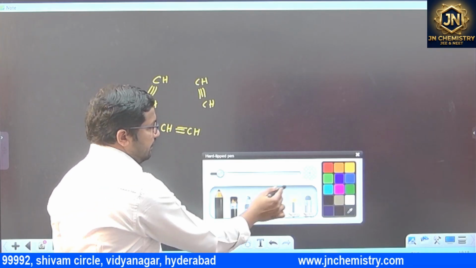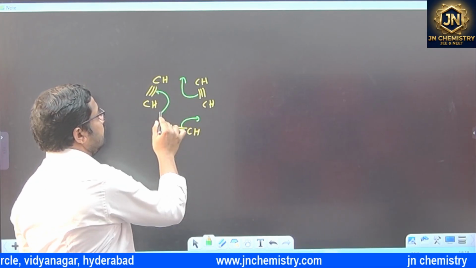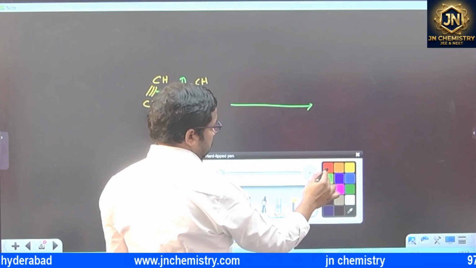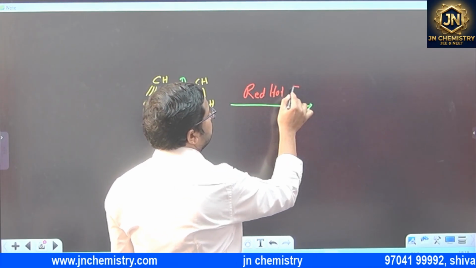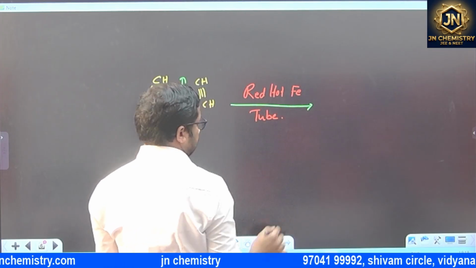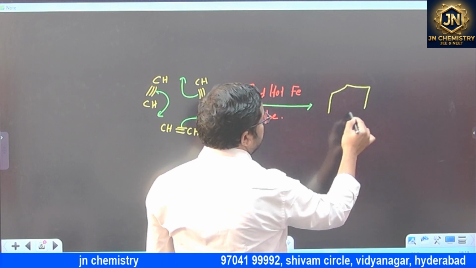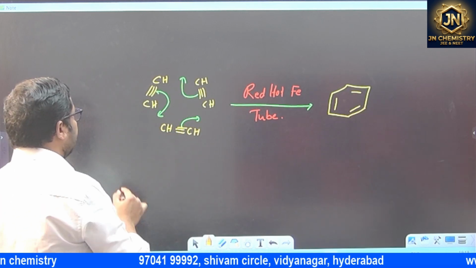What exactly happens? Cyclic polymerization of the pi bonds. In a red hot iron tube, we will get benzene. This is the second preparation method.